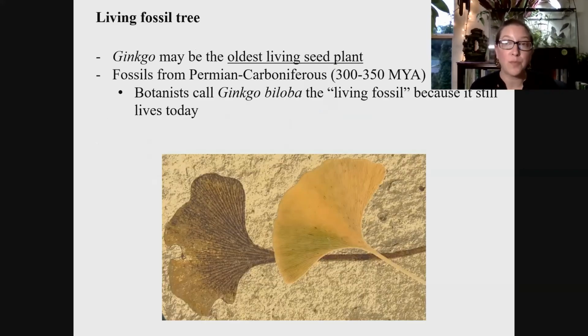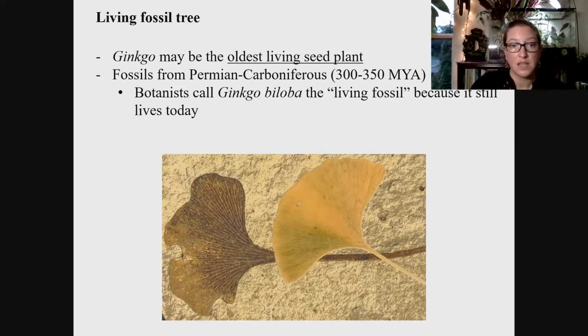When we learned about the lycopods, we said they were the oldest surviving vascular plant. And that's true. But ginkgo is the oldest living seed plant. So ginkgo dates back to around 350 million years ago based on the fossil record. At the bottom of this page, you can see a fossilized ginkgo leaf.